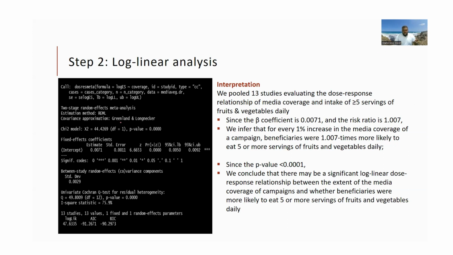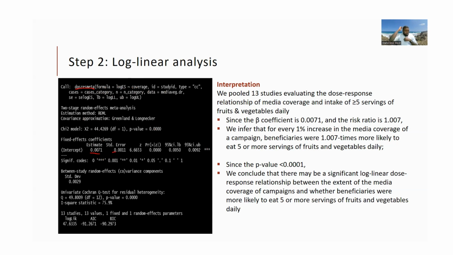The first is a log linear analysis in R, where you call the dose response meta. This is the code, just fill this out and follow the instructions here, and you will obtain an estimate, standard error, and p-values for the fixed effects coefficients.